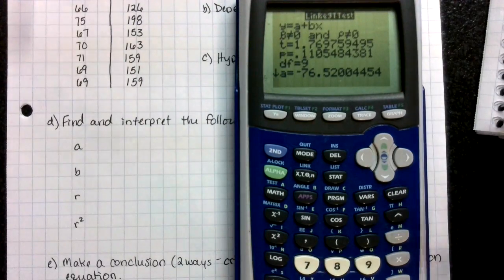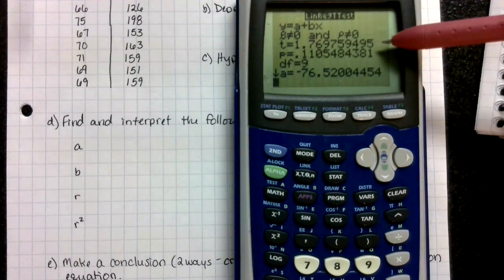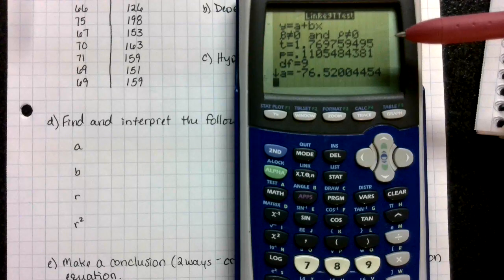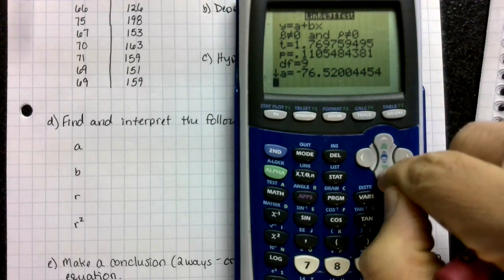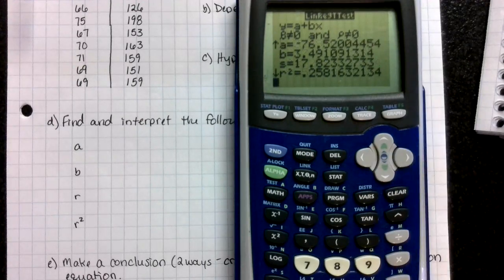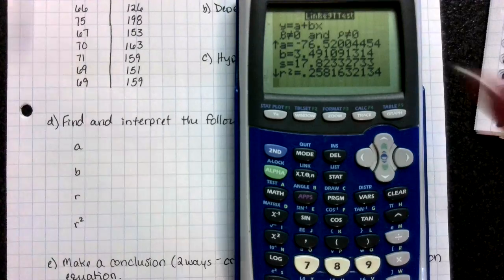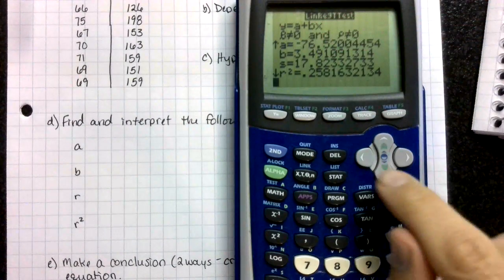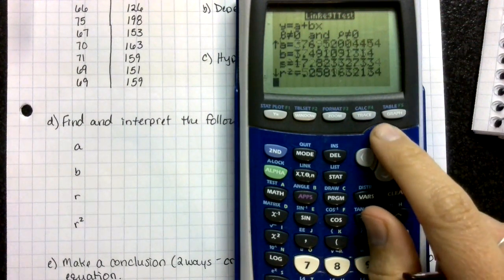And here are the values that I'm looking at. Okay, so we've got t, which is a typical test statistic, not what we're using as a test statistic here. We've got our p-value. Here's what we're looking at. We've got a, b, r squared, and r.